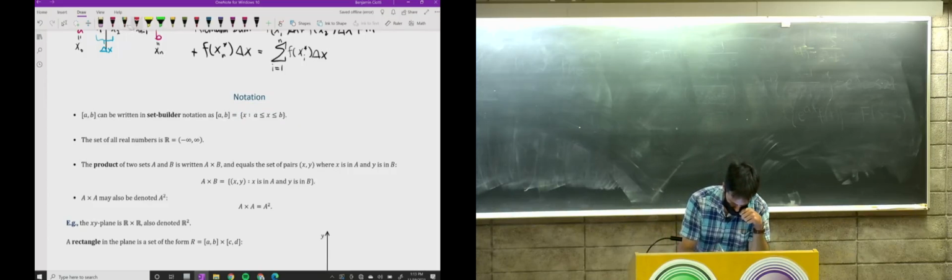The first one is the curly brackets or braces right there. So when you see those, you should think the set of.